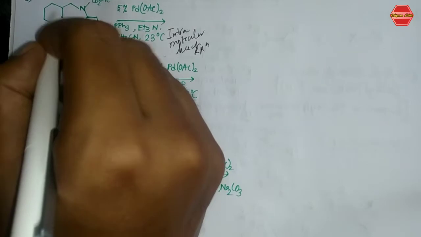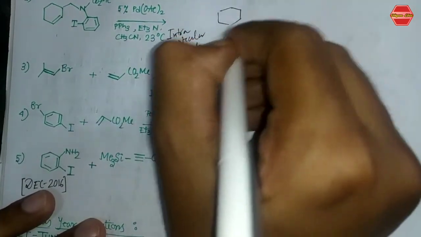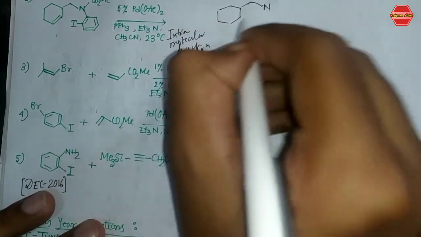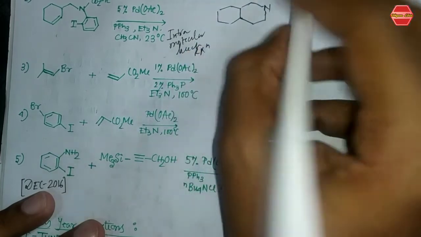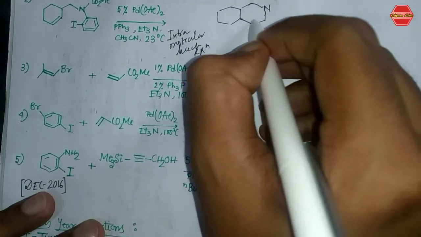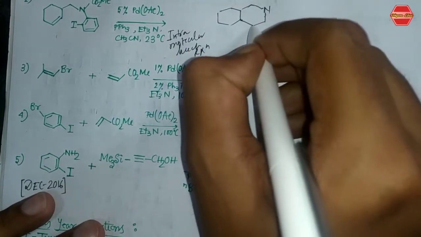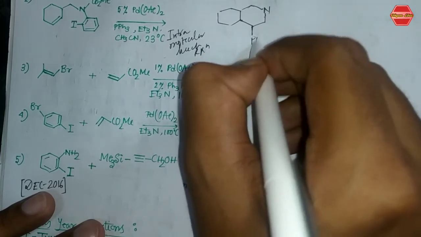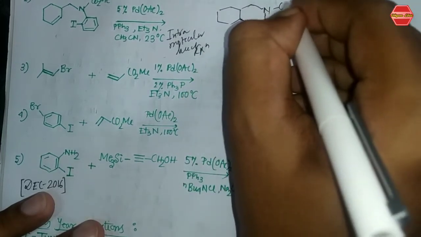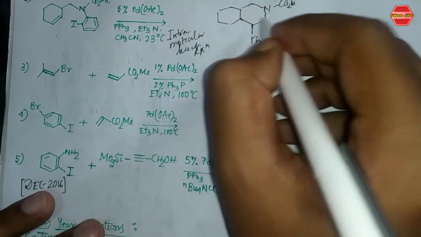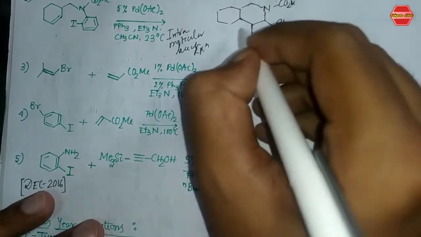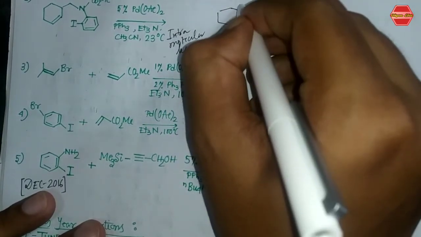So you can see this is our Ph. So you can write this Ph over here, and this is your CO2Me. Sorry, not here. This is our Ph. Here you have the hydrogen.